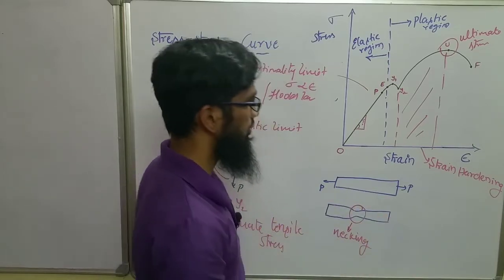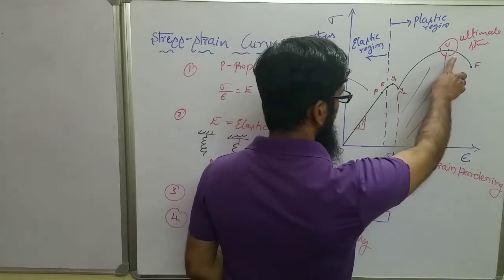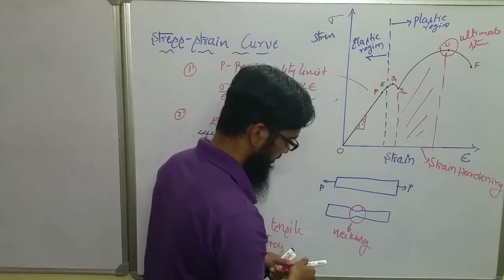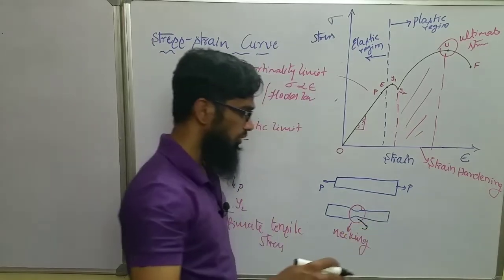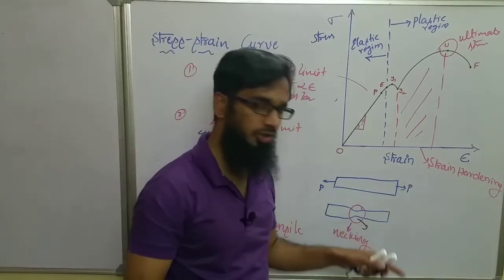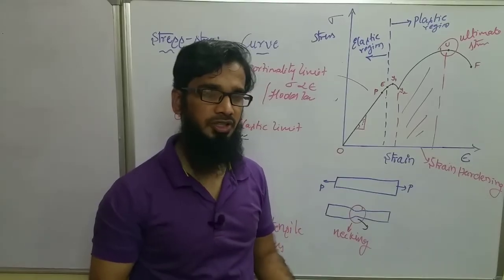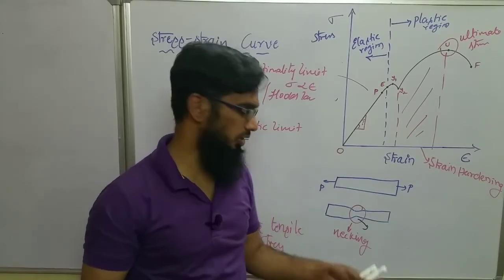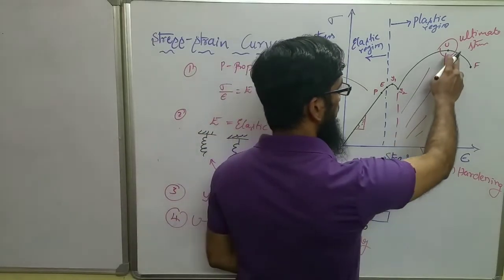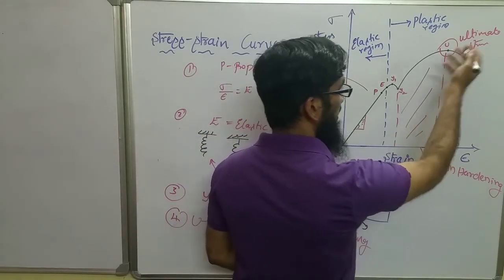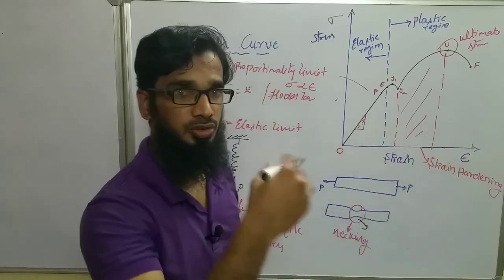After necking, because the member will fail, fracture can take place at any point, and the member will break. That is why failure can take place at any point after it reaches point U.